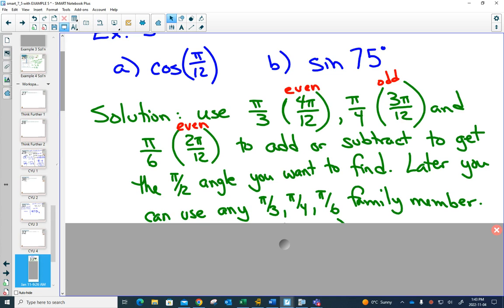We are going to use the families we already know, our pi over 3, pi over 6, and pi over 4 families, and add or subtract them to get the pi over 12 family that we're looking for.